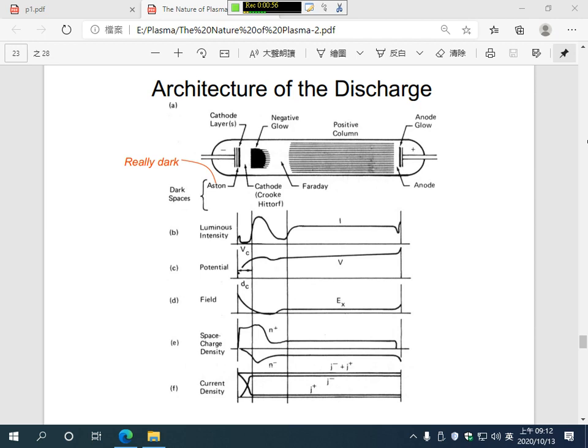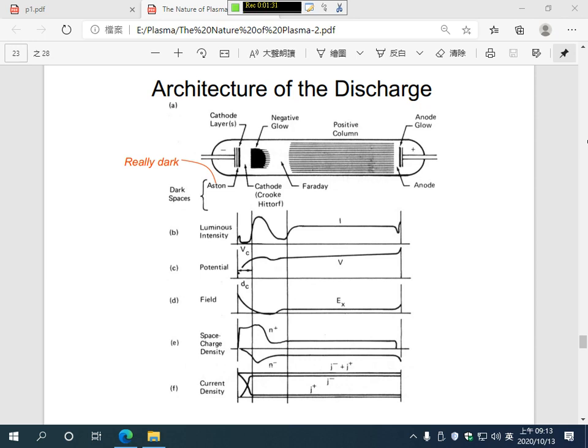So usually in a DC discharge system, these regions will emit light, or we can say these parts are luminous. And the other regions between these luminous zones are dark space. So the architecture of the discharge contains these dark spaces and luminous parts.